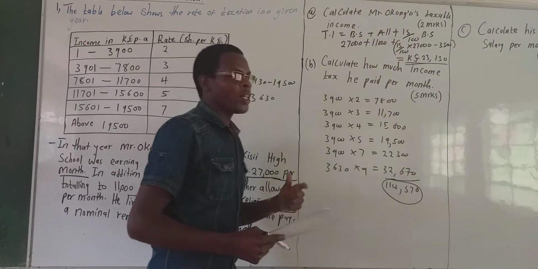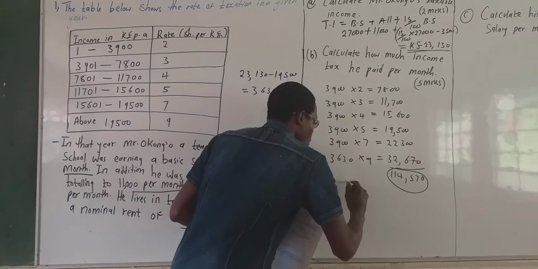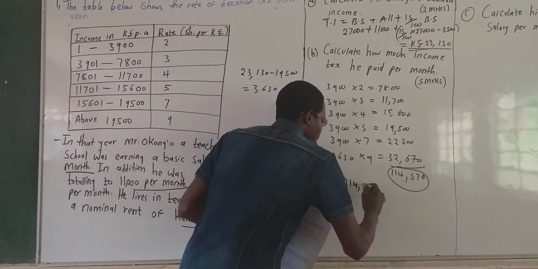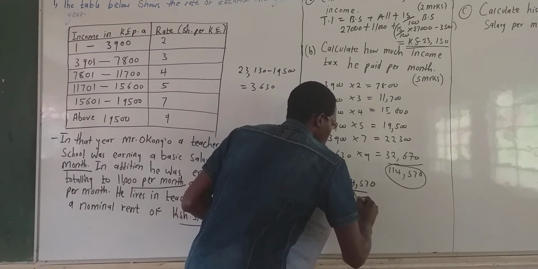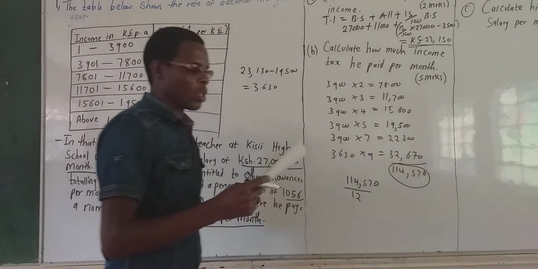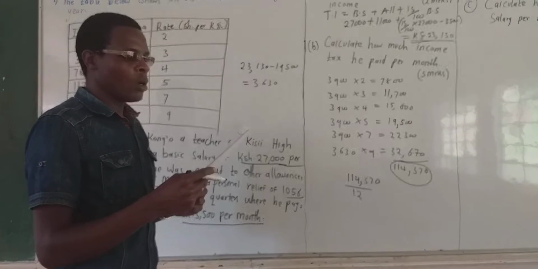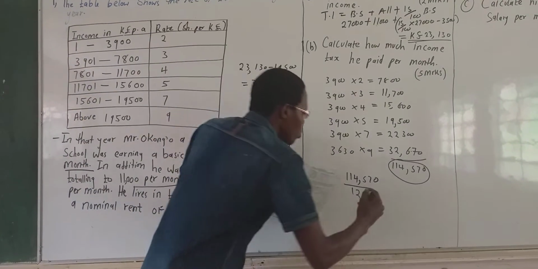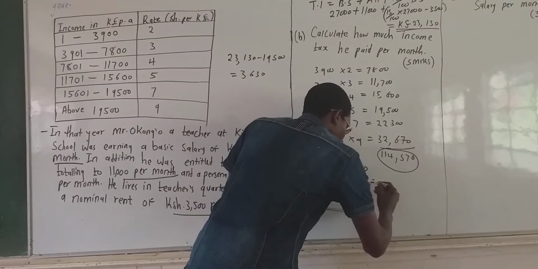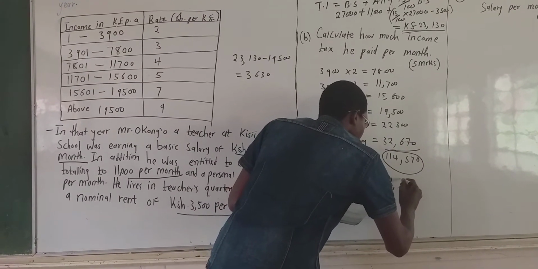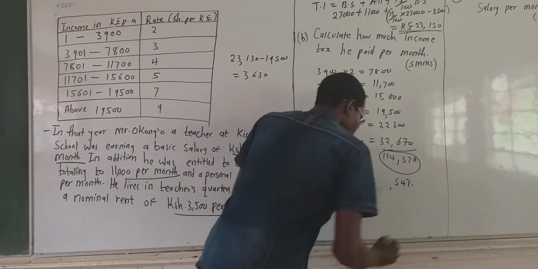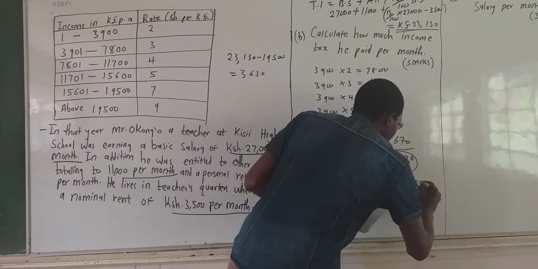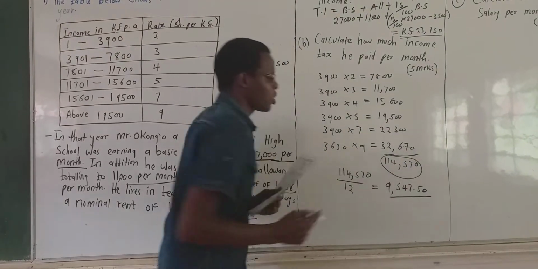For us to convert into per month, we have 114,570 divided by 12. This gives us 9,547.5. This is what is going to be deducted.